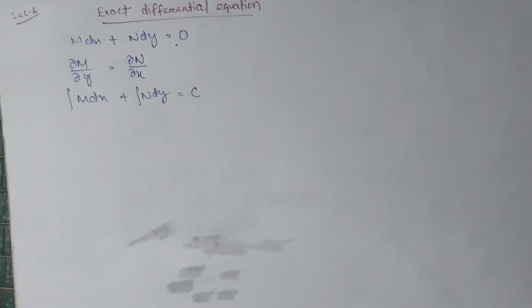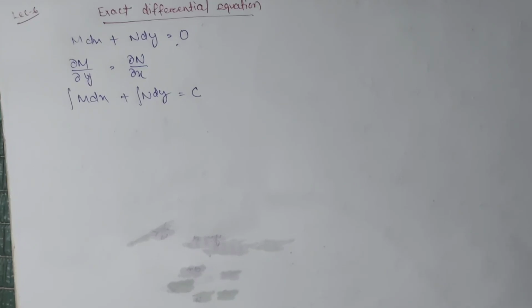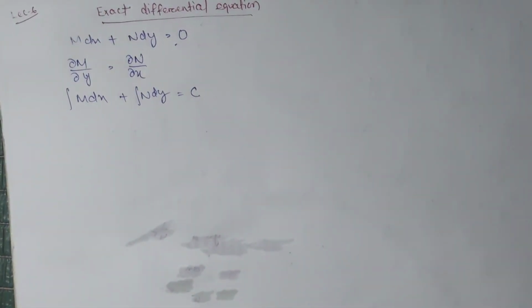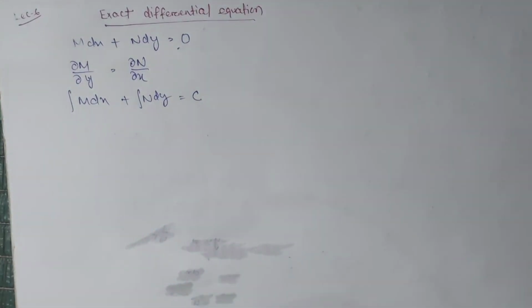Here remember that in the integration of M dx, where M contains x and y terms, y becomes constant, and in the N dy integration, all the terms which contain x become 0. We can see it in an example.